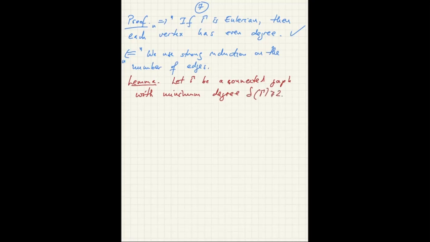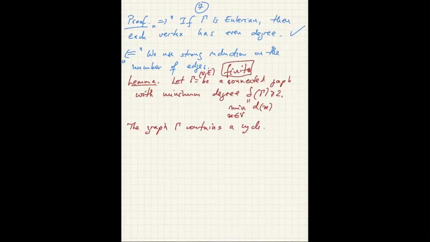Minimum degree, by definition, is the minimum of d of x over all x in the vertex set of gamma. If the minimum degree is at least 2, then what I want to prove is that the graph gamma contains a cycle. Here, all the graphs we talk about in this class are finite, but I'll add the word finite here because it's important. So let's prove the lemma first.